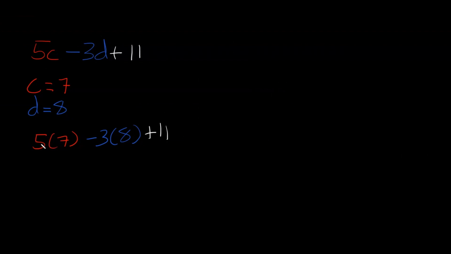So here 5 times 7 is 35. And then you can view this as negative 3 times 8, which would be negative 24, since a negative times a positive is a negative. So this is negative or minus 24. And then plus 11. And now we're just doing 3 addition problems.